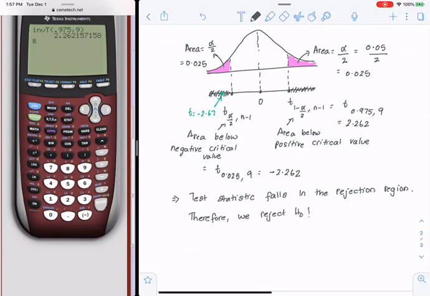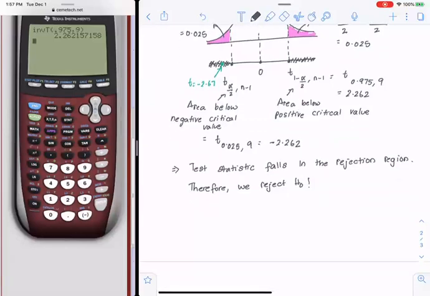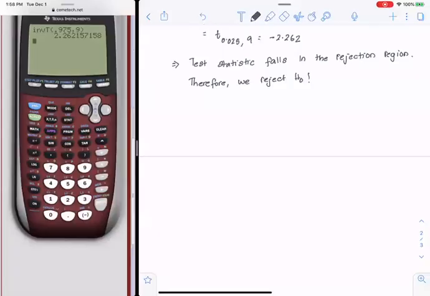Therefore, we reject null. So I was actually wrong at the beginning, which is the purpose of a statistical test. So the p-value method is another way to obtain a solution or a conclusion.